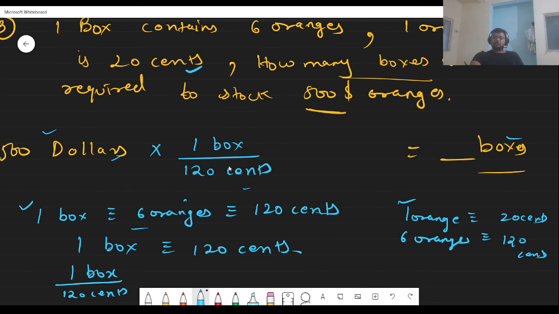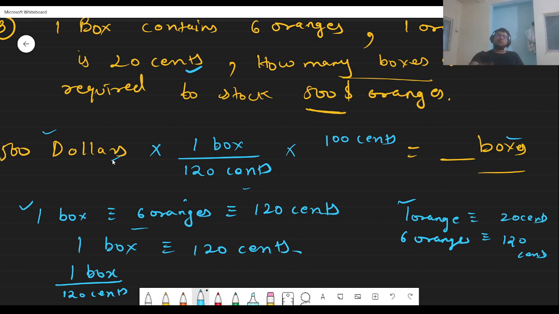But no need to worry because we know how to convert dollars into cents. If I want to convert dollars into cents, I will multiply with 100 cents, because I want to cancel out this dollar, and for that I need a dollar unit in the denominator. So I will use 100 cents divided by $1. I can also use $1 divided by 100 cents, but it is not required here.